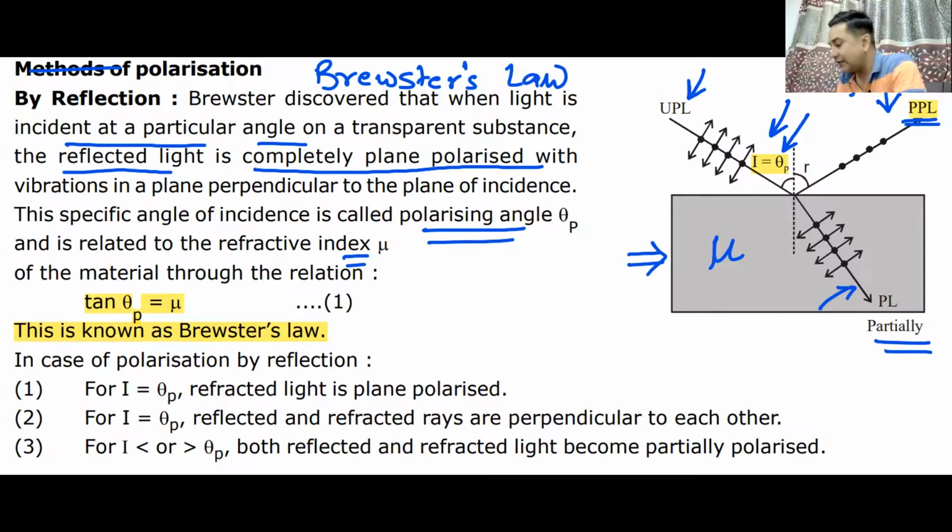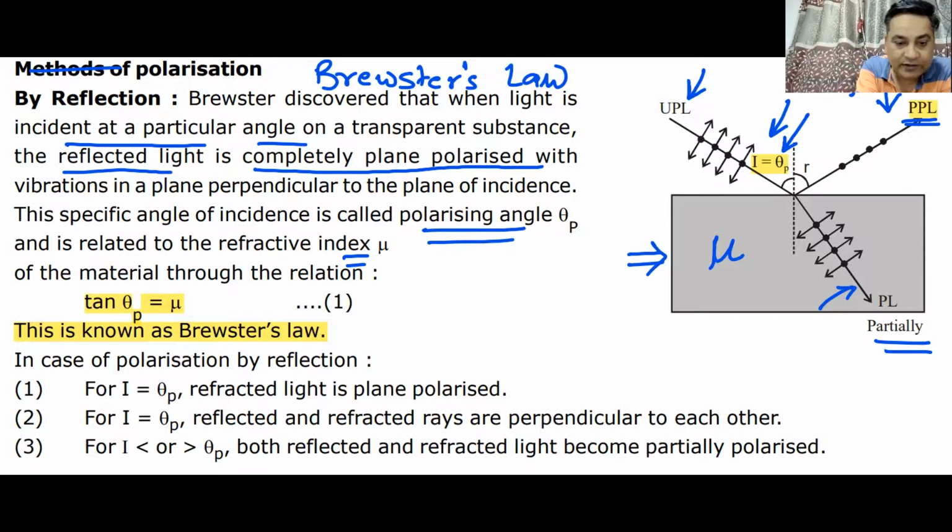If the angle of incidence is the polarizing angle, the relation between polarizing angle and mu is tan of polarizing angle is mu. This law is known as Brewster's law. Do we understand this? Yes, sir.